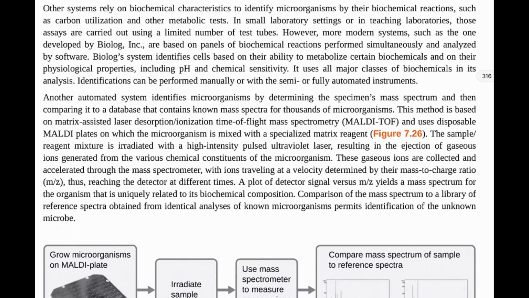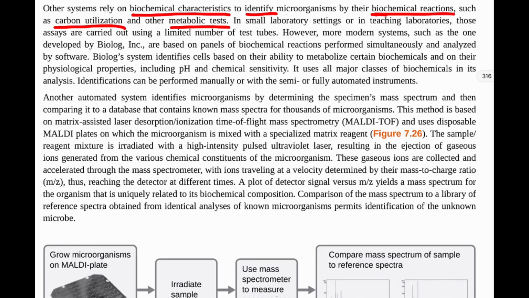Other systems rely on biochemical characteristics to identify microorganisms by their biochemical reactions. So the reactions that they're having within this organism, biochemical, so biological, meaning living, and chemical, so these chemical reactions that are happening inside of the organism, such as carbon utilization and other metabolic tests.